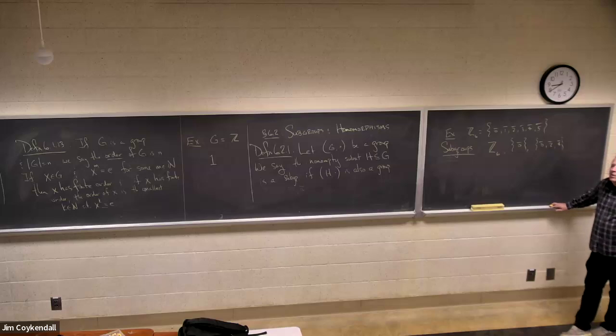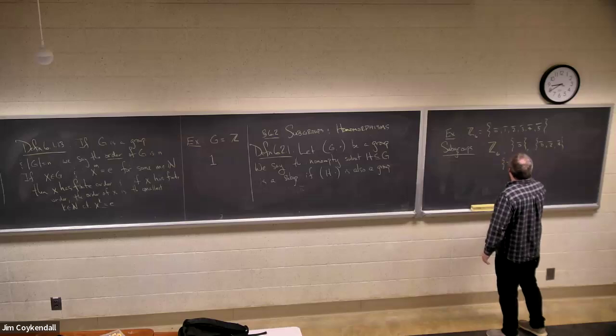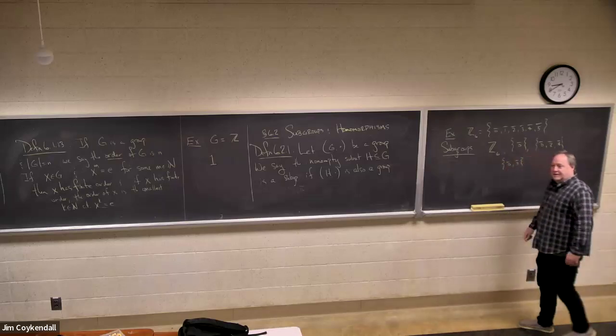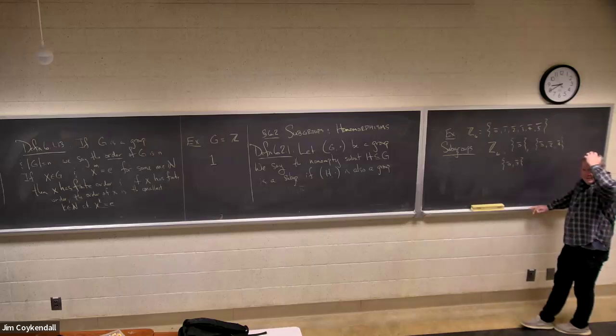There's actually one more subgroup. Just do zero and 3. That one's a subgroup by itself. 3 plus 3 is 0. Right?